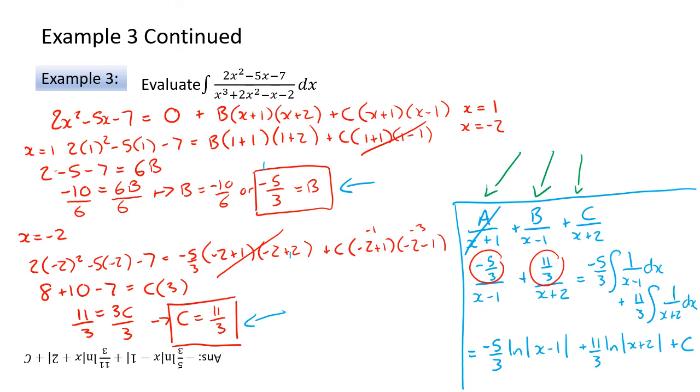When you have a value before the x squared term, instead of finding the factors that multiply to negative 7, you have to find the factors that multiply to 2 times negative 7, or whatever the value is in front of the x squared term. So 2 times negative 7 is negative 14. We need to find 2 values that multiply to negative 14 and add to negative 5.